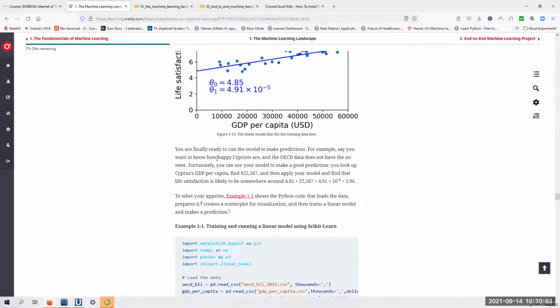For example, if you want to know the life satisfaction of Cyprus's people, I don't know how it's pronounced. Cyprus is a small island in the Mediterranean Sea. So they have this GDP 22,500. So then you can predict that their life satisfaction is about 6. So 22 is about here.